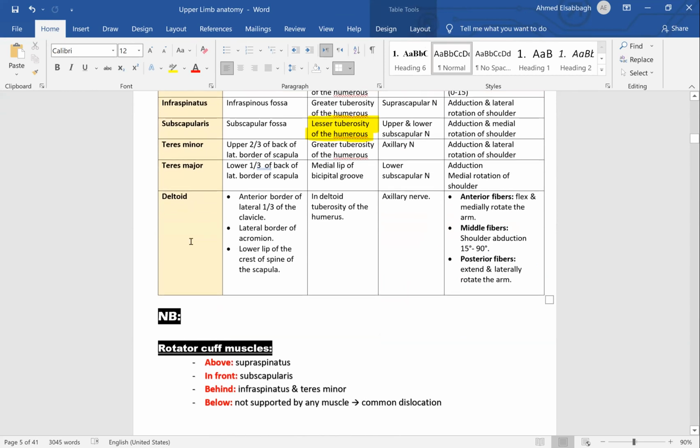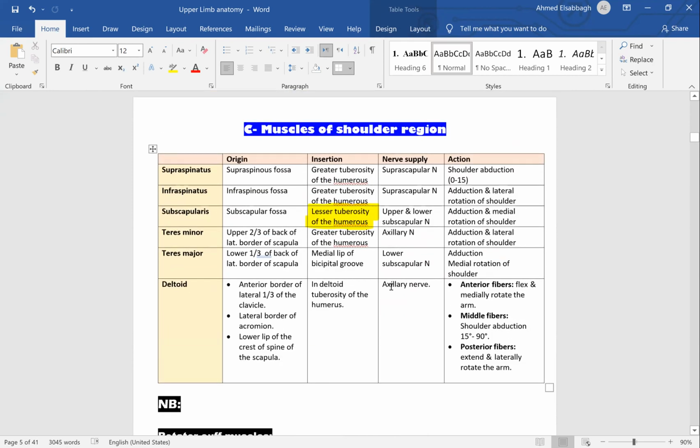Now to the deltoid muscle, which is very important. What is the most important information I must know about the deltoid muscle, Dr. Ahmed? Nerve supply, which is by axillary nerve, and the action, which is shoulder abduction from 15 to 90. Just know this action, the action of middle fibers.